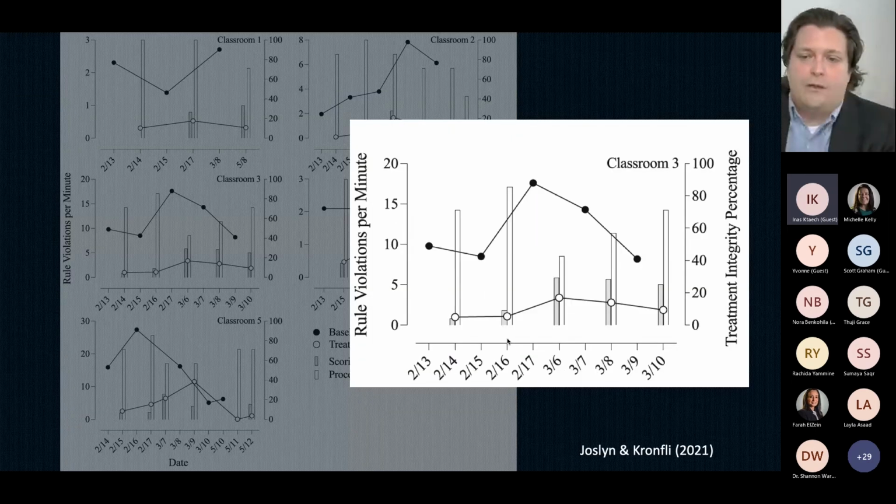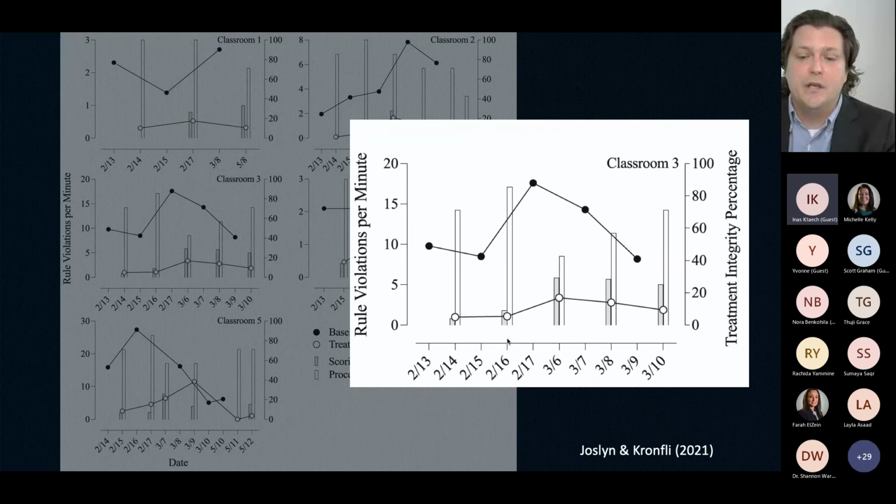So zooming in on classroom 3, which was a characteristic finding for the ones where we saw strong effects. These bar graphs behind show the treatment integrity. The gray bars are scoring accuracy, and the white bars are procedural steps. This is what I was talking about when I was mentioning differentiation.